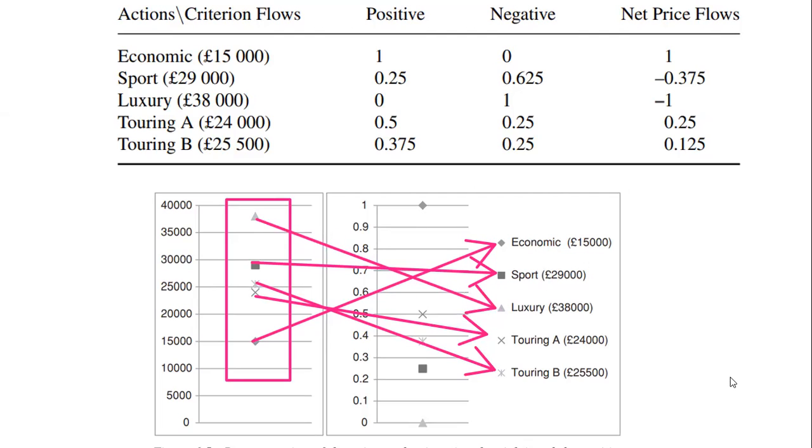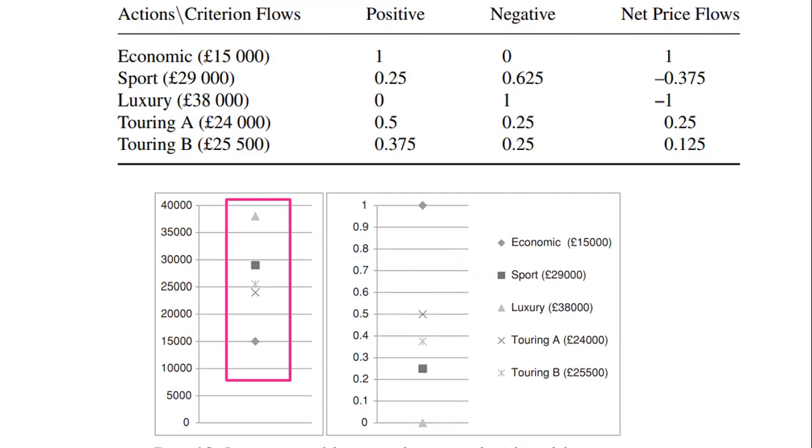So you can see that the most expensive one is the luxury. Second one is the sport. The third one is touring B. The fourth one is touring A. The cheapest one is the economic one. Okay, you have this sequence, and then you see that from the net flow of the table that we generated here, because we compare it in terms of price, the economic one will become the first one, the most preferable.